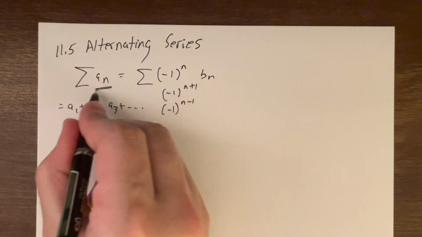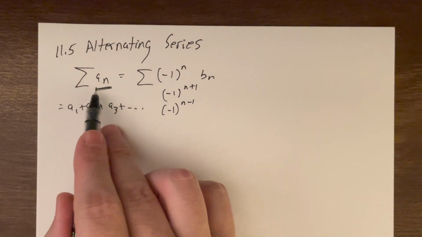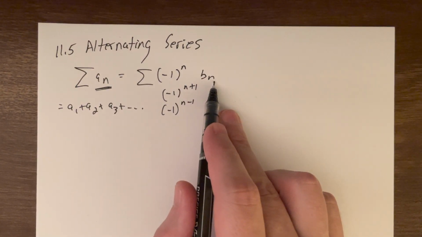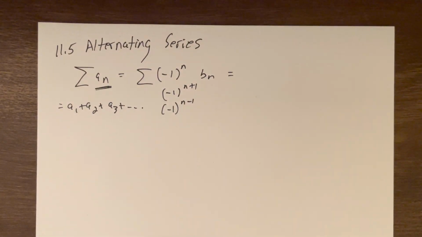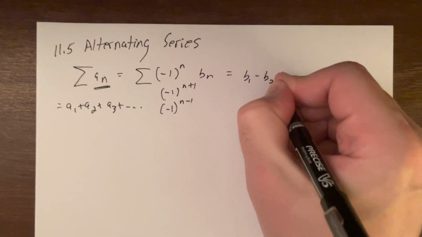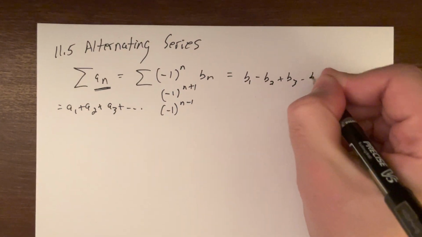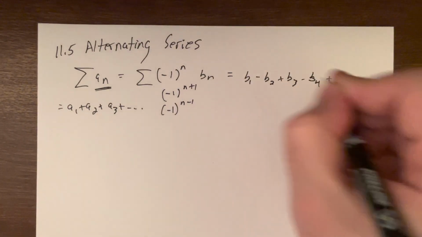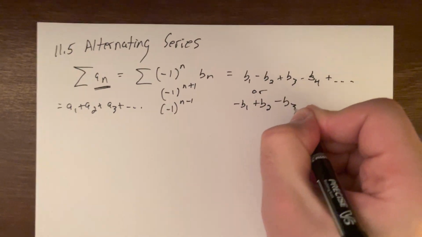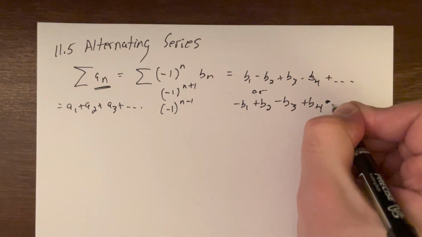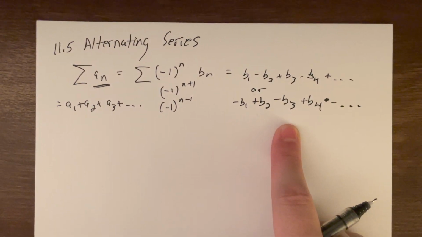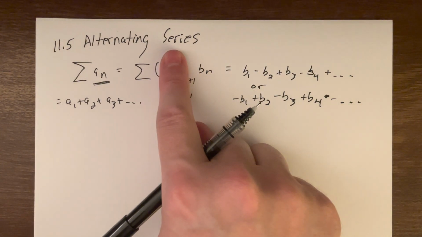If you are able to rewrite the underlying sequence as one of those times something else, now it just depends on whether we start with a plus or a minus. It would either be b1 minus b2 plus b3 minus b4, and we'd keep going with that alternation. Or it could be minus b1 plus b2 minus b3 plus b4, and the next would be a minus. Either one of those, that's what we're talking about when we're referring to an alternating series.